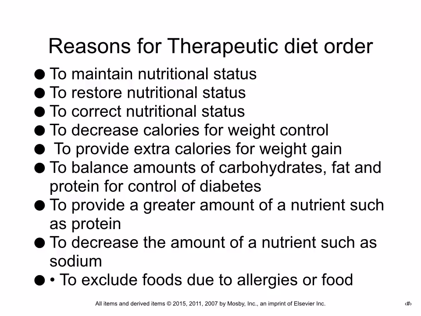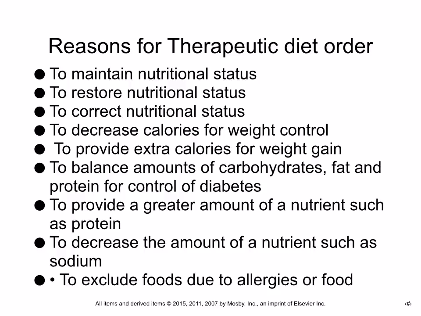To balance amounts of carbohydrates, fat, and protein for control of diabetes. To provide a greater amount of a nutrient such as protein, and to decrease the amount of a nutrient such as sodium. On the floor, a lot of protein will be added usually for patients dealing with skin integrity issues, for wounds, etc., unless it is contraindicated for that patient, for better healing of skin, a protein rich diet is encouraged.